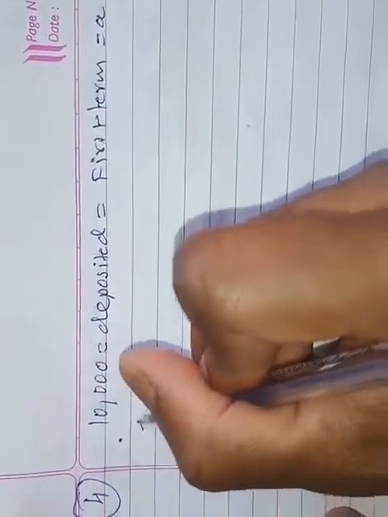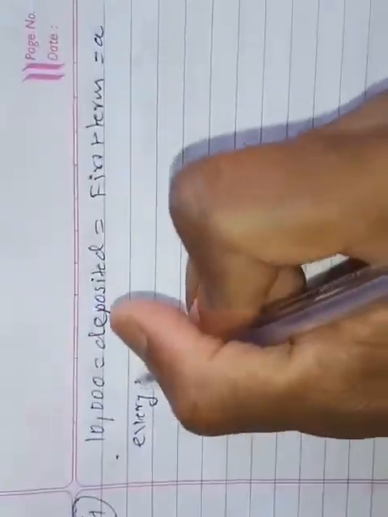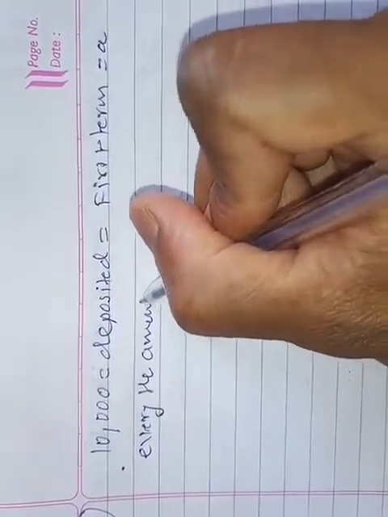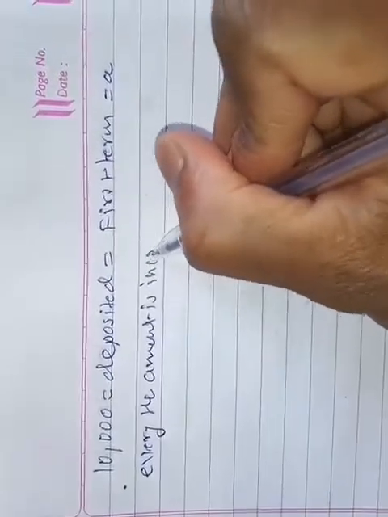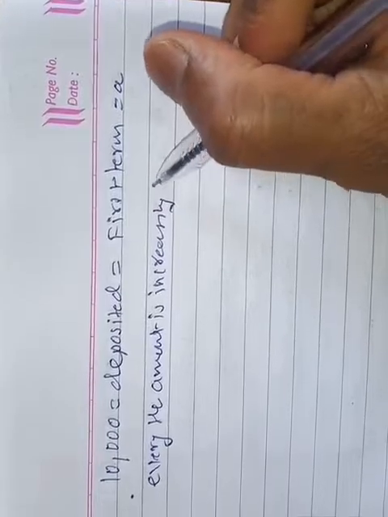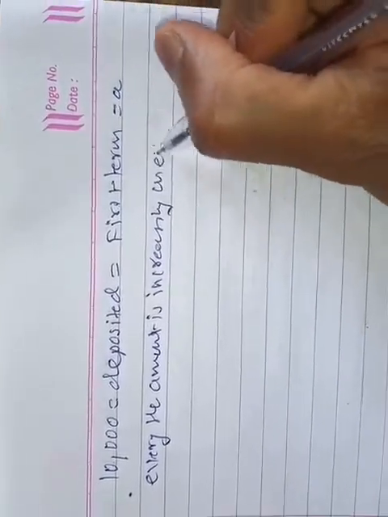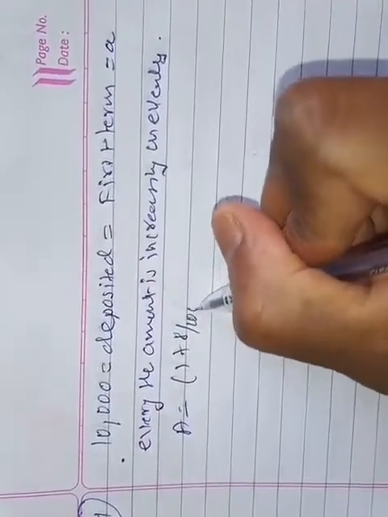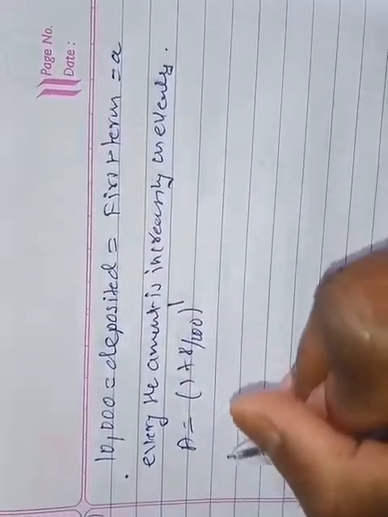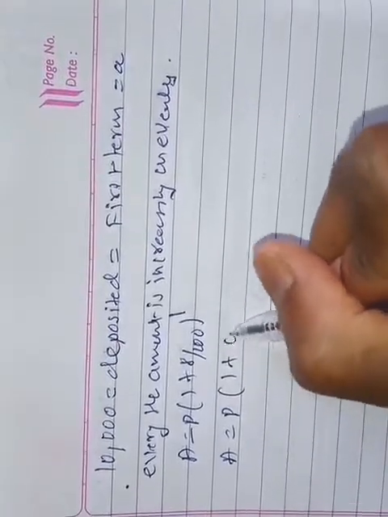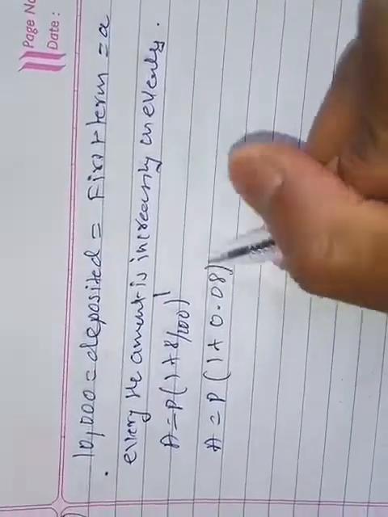and every year the amount is increasing unevenly. How? So A is equal to, see, first year it is 8 upon 100 raised to 1. So A will be P(1 + 0.08) raised to 1.